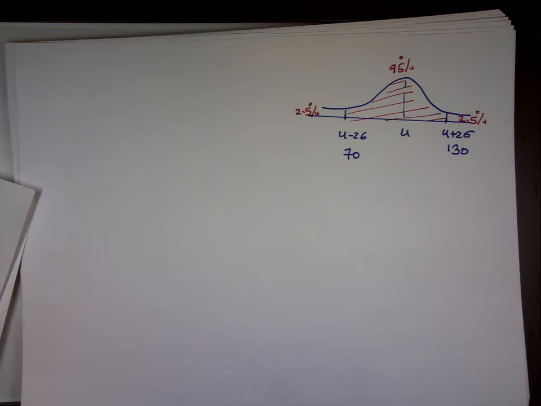Let's take another couple more examples here. Let me see if I can find some interesting topic besides IQ scores. Okay. Ooh, you could do ages for car accidents.